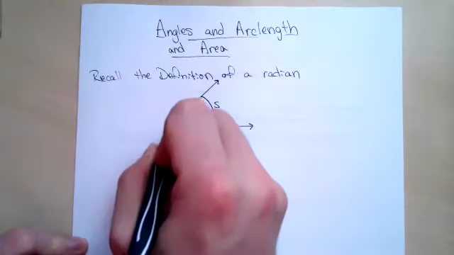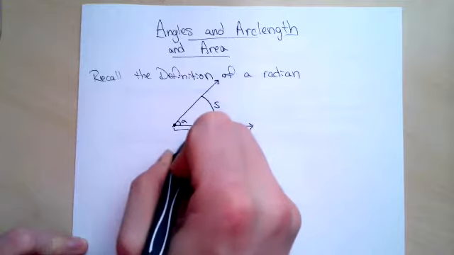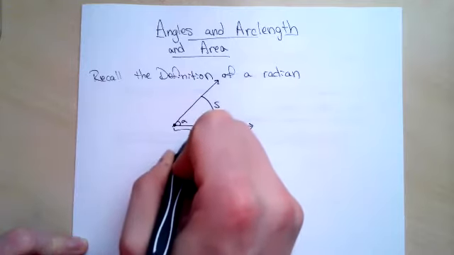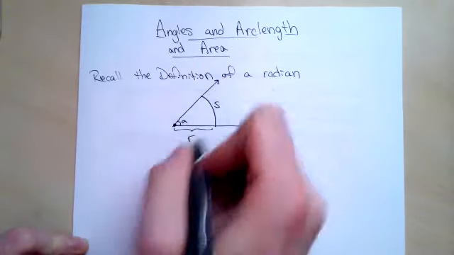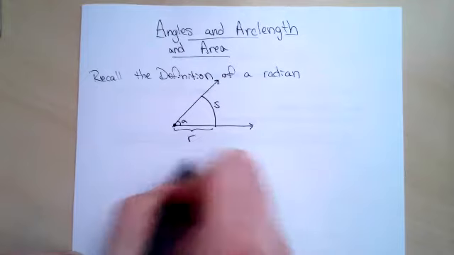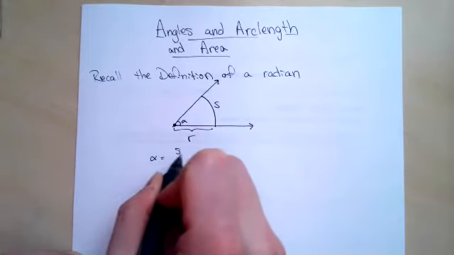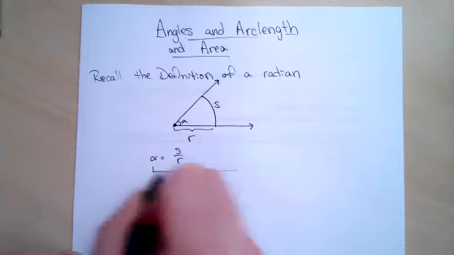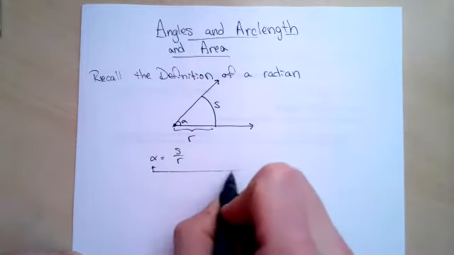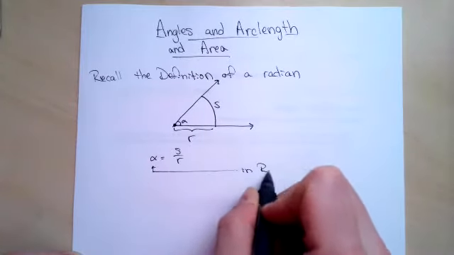Then it's actually a ratio of two quantities. It is the ratio of the arc length, this s, relative to the radius, where our angle is in radians.